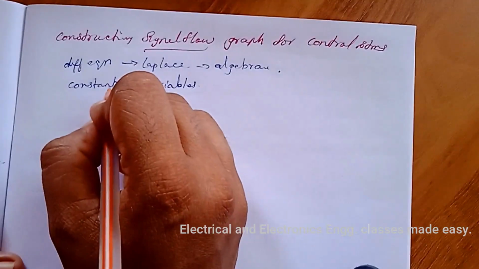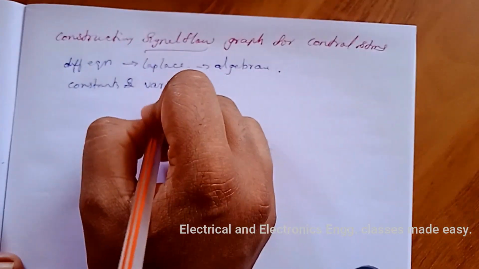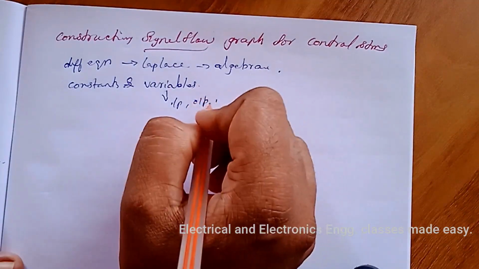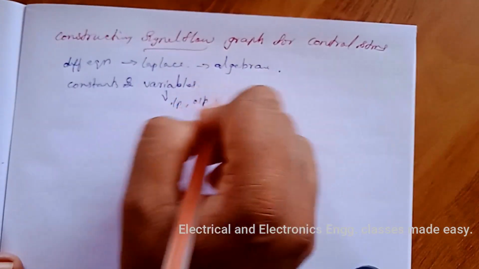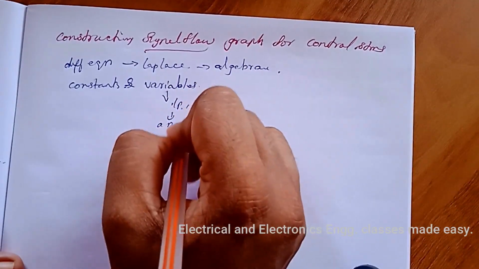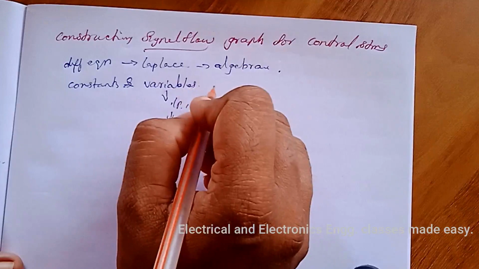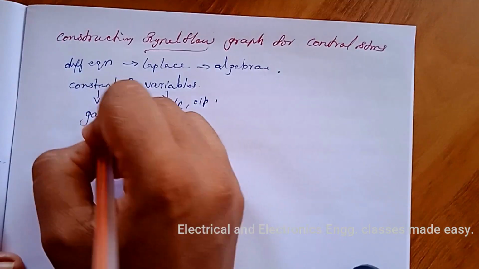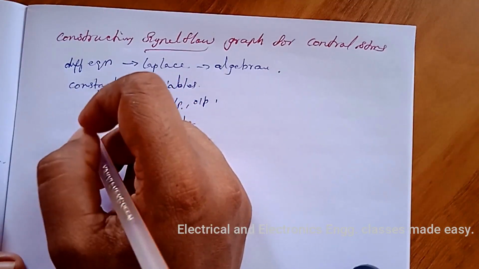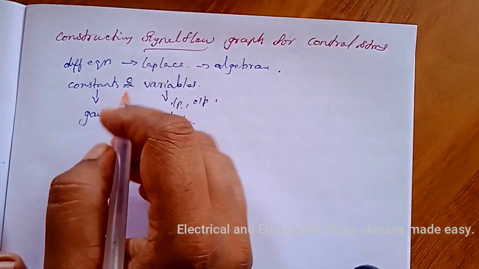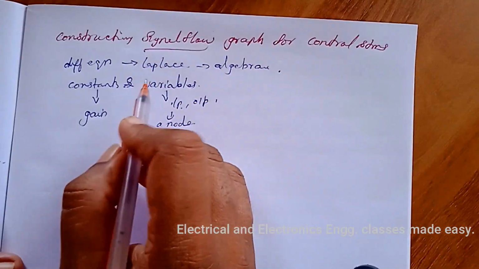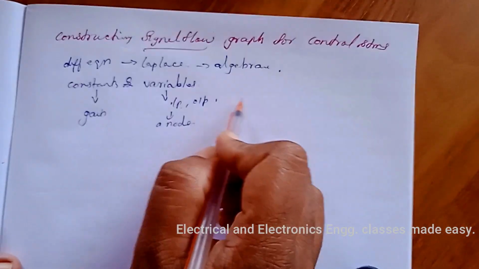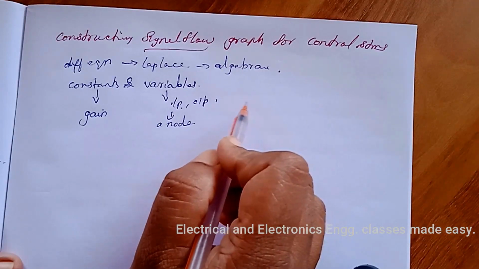Then the variables are identified as input, output and intermediate variables. For each variable, a node is assigned in the signal flow graph, and constants are the gain or transmittance of the branches connecting the nodes. Then for each equation, a signal flow graph is drawn and then they are interconnected to give the overall signal flow graph of the system.